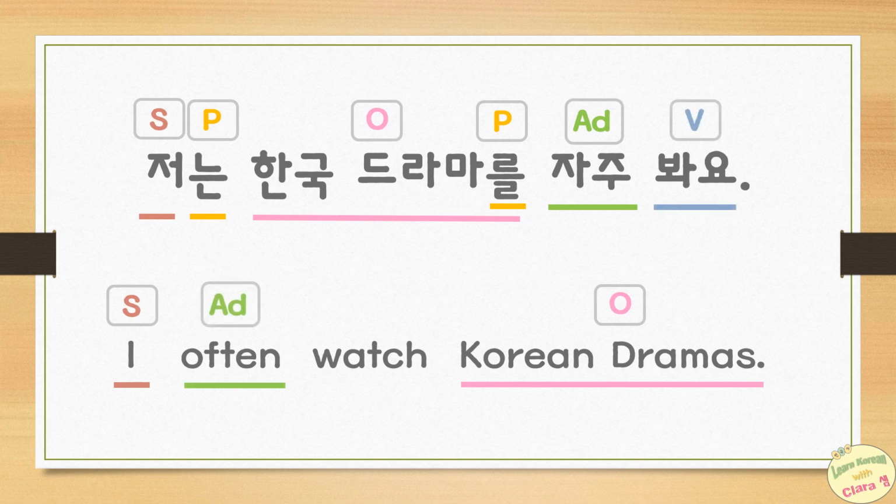The adverb often is placed before the verb watch here, but it could be placed after the verb too. In English, the position of adverb is not always at the same position in the sentence.